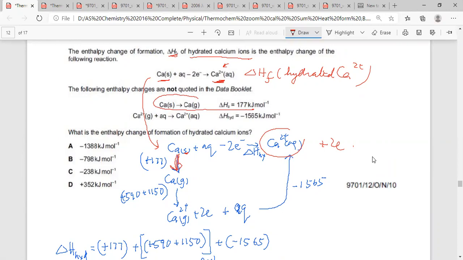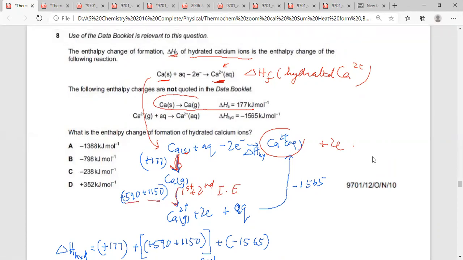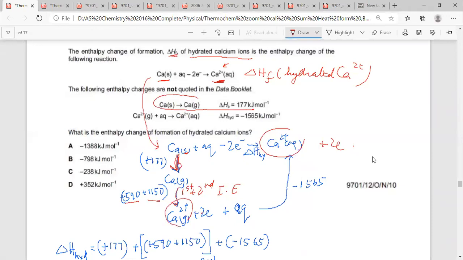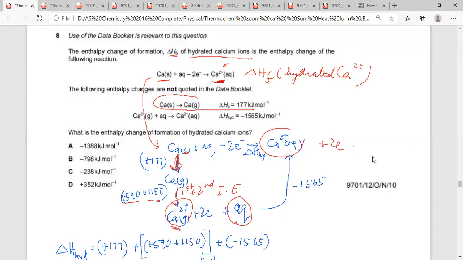Now, second, of course, it must undergo the first and second ionization energies, which is done with the teacher. So now this is the first and second ionization, plus 2 electrons here, and of course this now undergoes what? Hydration. This is for hydration. When 1 mole of the ions are completely hydrated, this is where it came out.